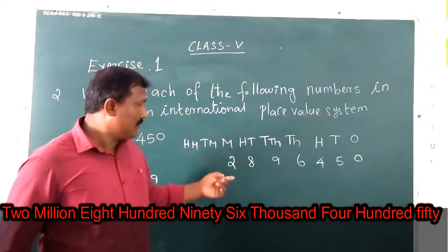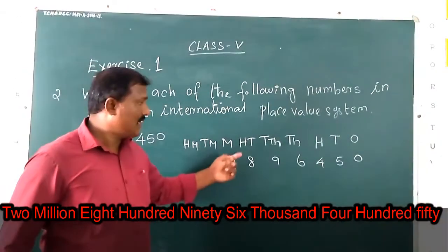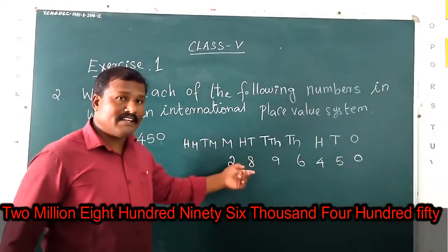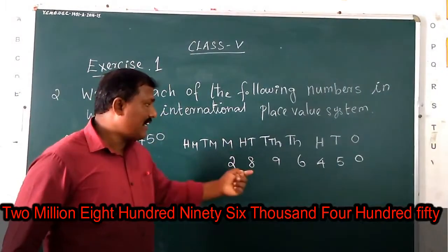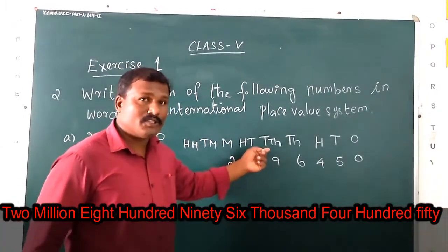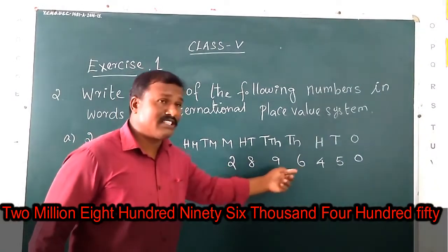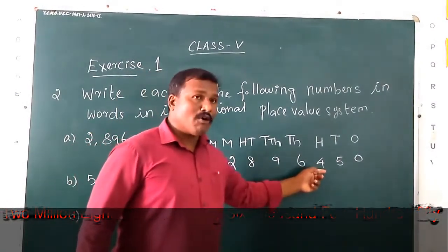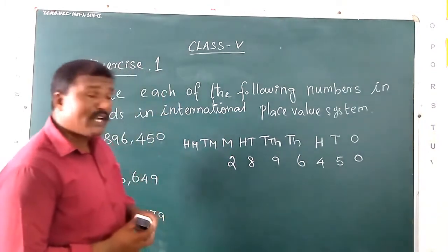Again I will repeat. 2 million, then 800,000, then 90,000 plus 6,000, 96,450. So how to write in words?